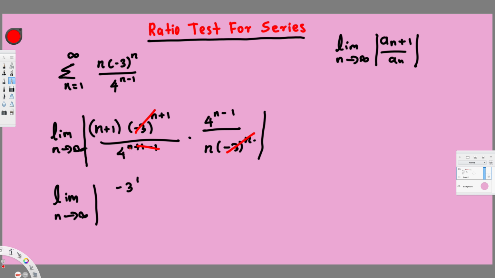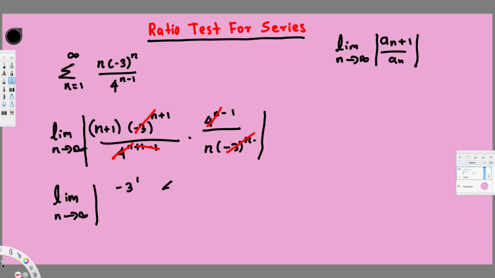And then we have 4 to the power n minus 1, which if you expand is 4 to the power n times 4 to the power minus 1. So we can cancel 4 to the power n, and we are going to have 4 to the power minus 1 on top.